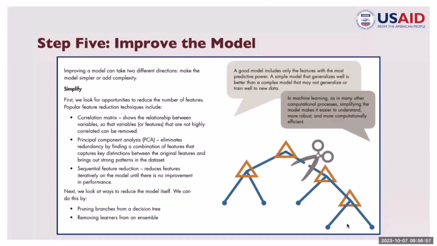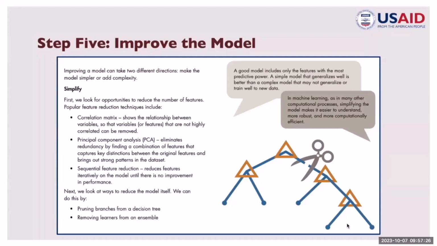First, a correlation matrix shows the relationship between variables so that variables or features that are not highly correlated can be removed. Second technique would be to apply principal component analysis, which basically eliminates the redundancy by finding a combination of features that captures key distinctions between the original features and brings out strong patterns in the dataset.